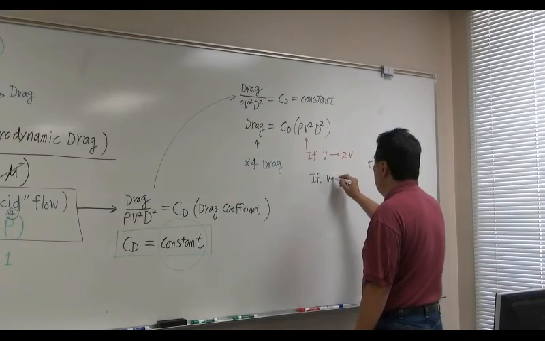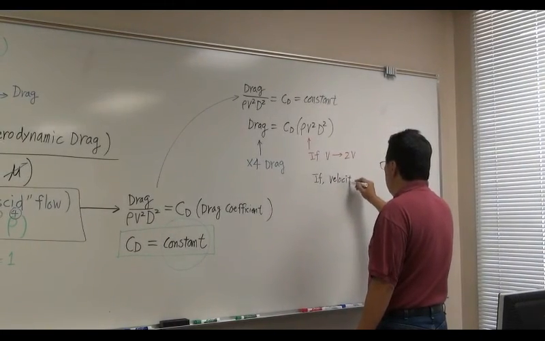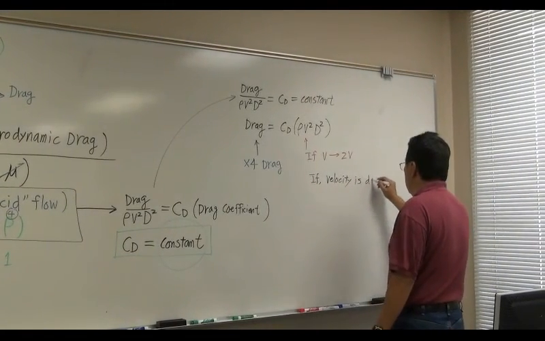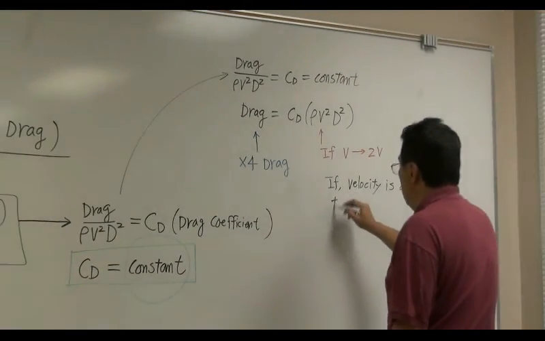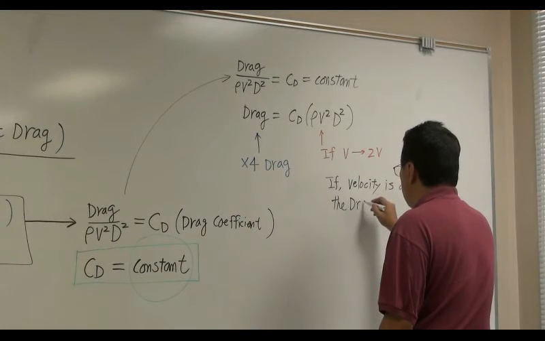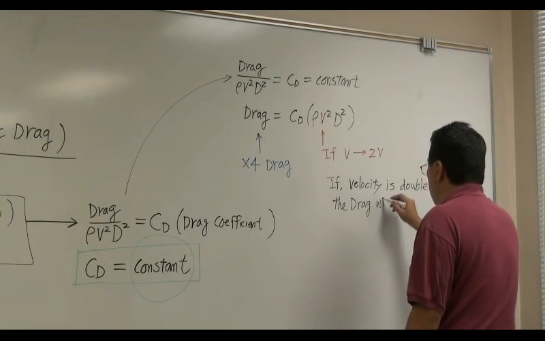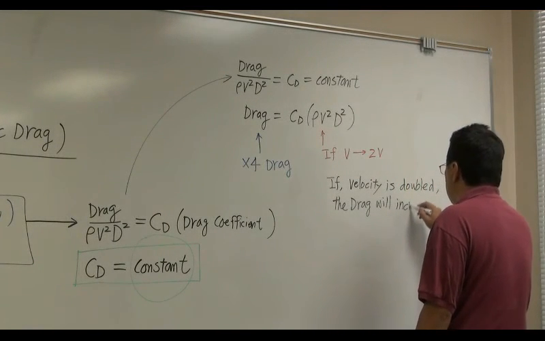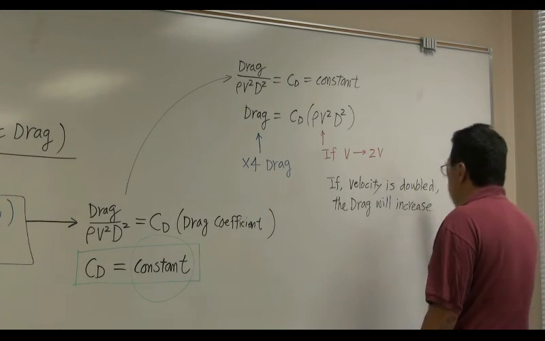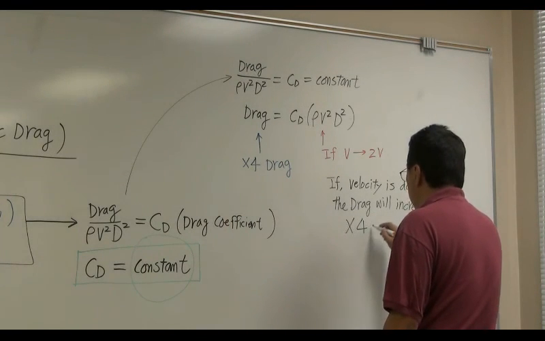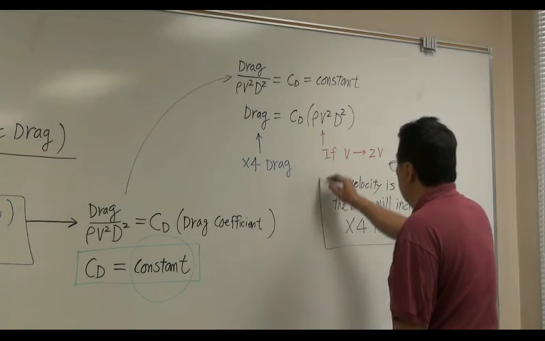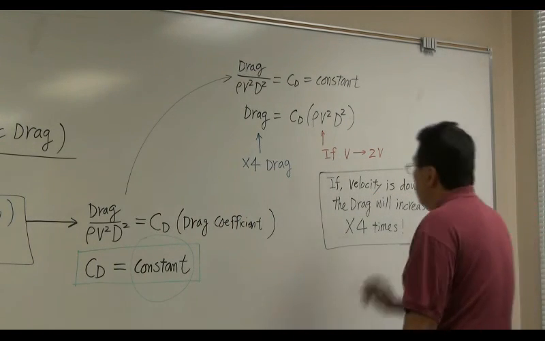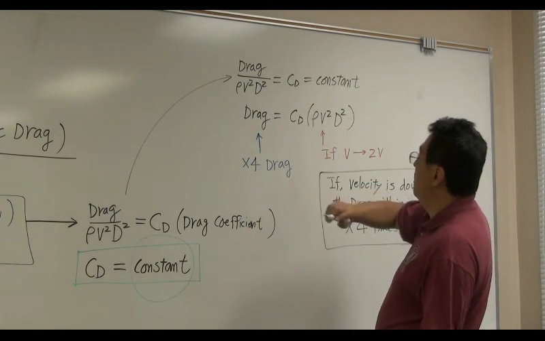If velocity is doubled, the drag will increase, not to twice as much, but 4 times. You can quickly answer the question by looking at this relationship.